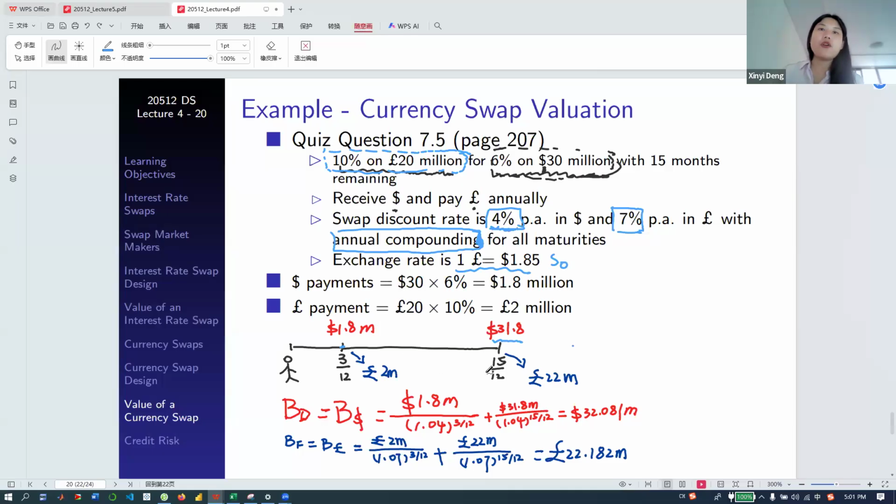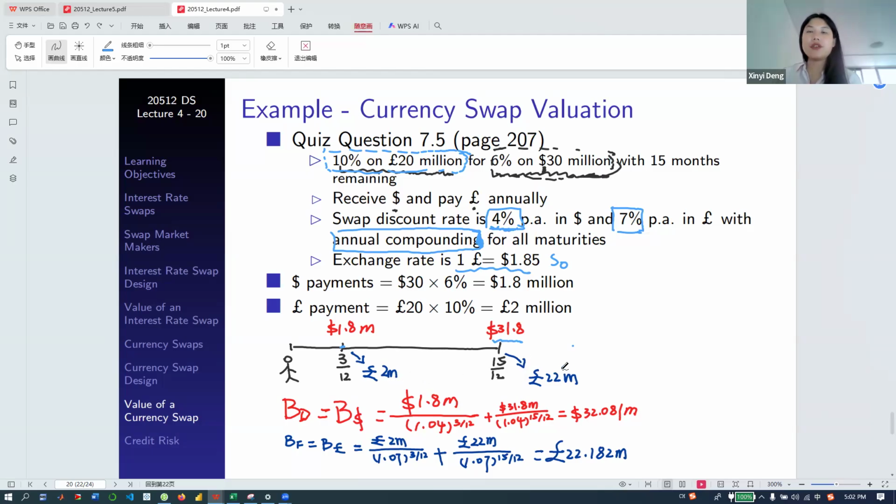And then for BF, that's the foreign currency bond price. In this specific example, that's the price of the bond quoted in pounds. So as usual, we do the cash flow projections first. We know that in 3 months, denoted in blue here, the interest payment is going to be £2 million.